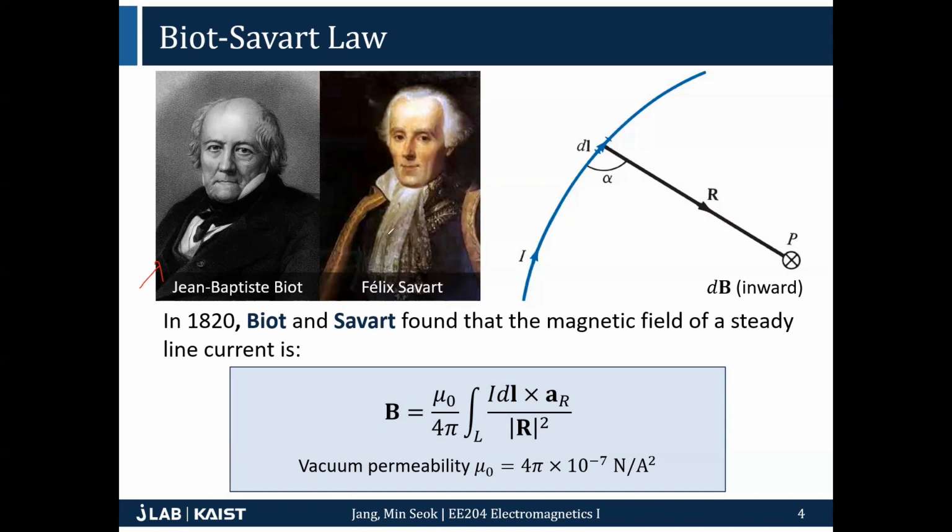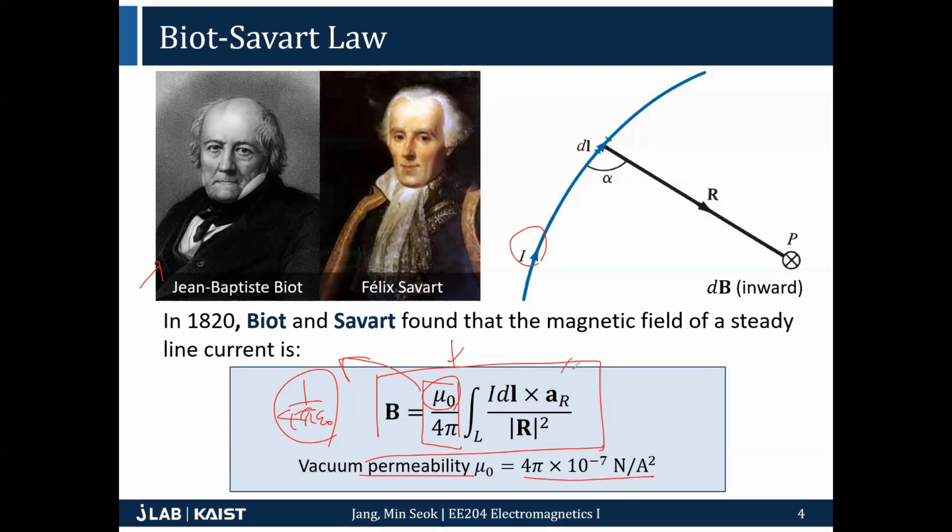But anyway, these two figured out that the B field created due to a current can be written like this. Mu naught over 4 pi is just a coefficient, like 4 pi epsilon naught in electrostatics, and we call mu naught the vacuum permeability, which is defined like this.